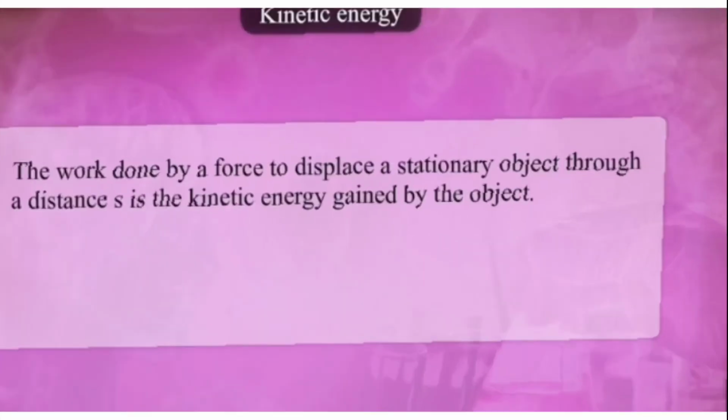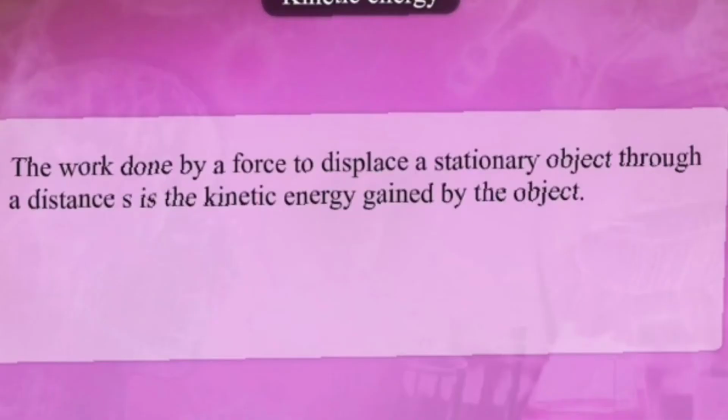The work done by the force to displace a stationary object through a distance s is the kinetic energy gained by the object. I repeat, energy is nothing but the capacity to do the work, right?